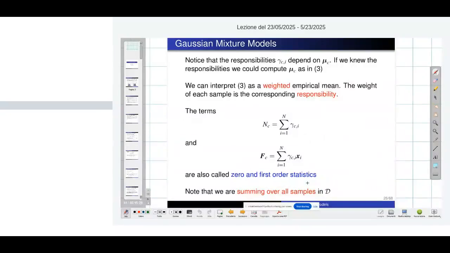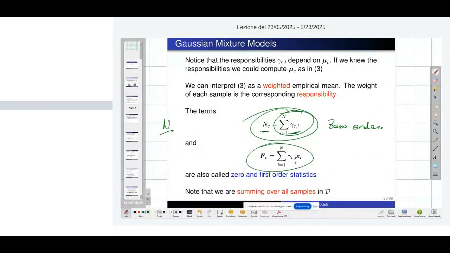The sum of the responsibilities is called zero-order statistics. Remember that for the Gaussian model, we said the zero-order statistics were the number of elements of the dataset. Here, the zero-order statistics for cluster C is the fraction of samples assigned to that cluster. And the first-order statistics is this weighted sum of the samples.